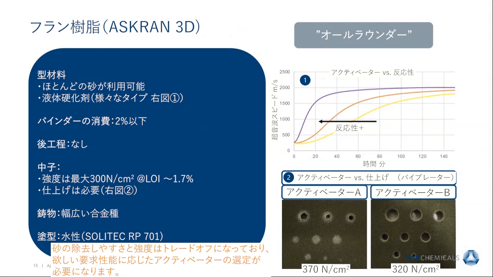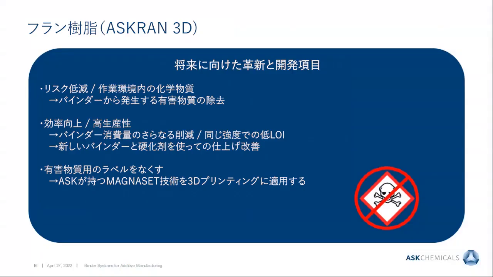We also want to develop this system even further, and in further development, we're focusing on reducing the risk or the footprint in the working environment, so eliminating more and more dangerous components from the binder formulation, but also increasing efficiency so that, while remaining at the same strength, binder consumption can even be lowered.